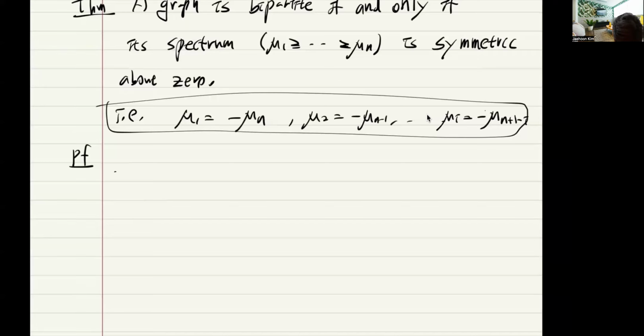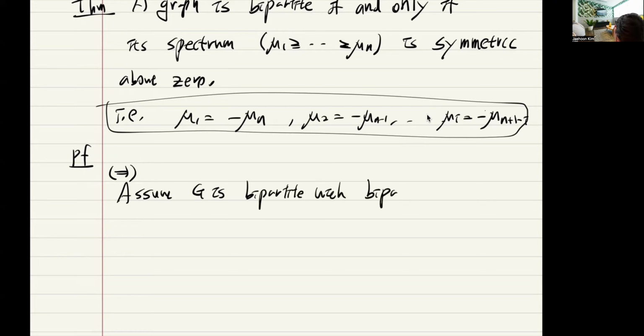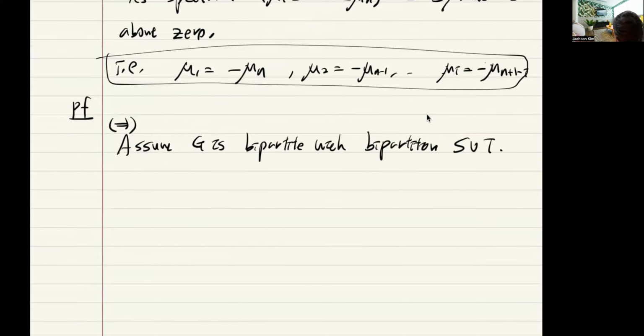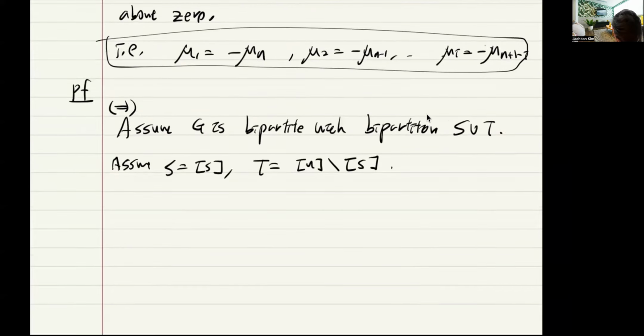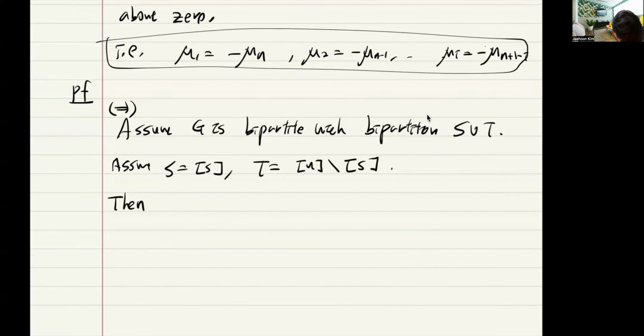So we prove both directions. Assume G is bipartite, and let the bipartition be S and T. Let's assume that S is the first s numbers, and T is the remaining numbers in the set [n].